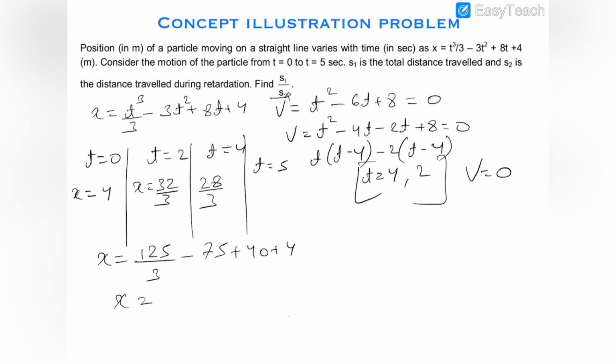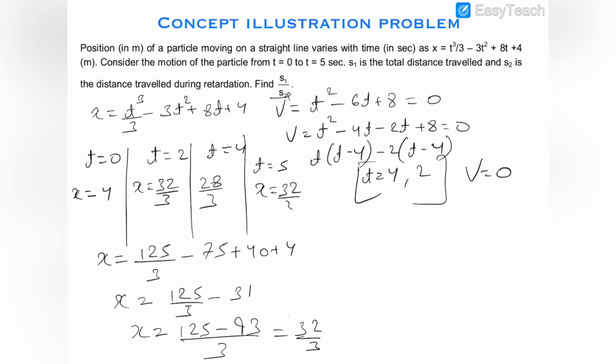So x would be equal to 125 by 3 minus 31. Okay, so this is x is equal to 125 minus 93 by 3 and it would be 32 by 3 again. So this is again x is equal to 32 by 3.